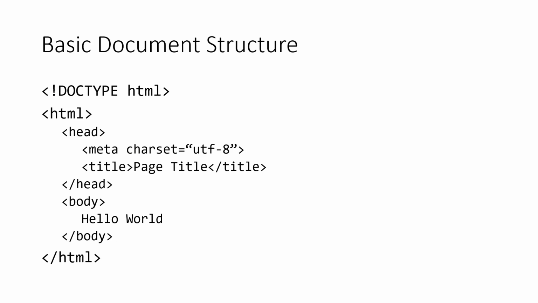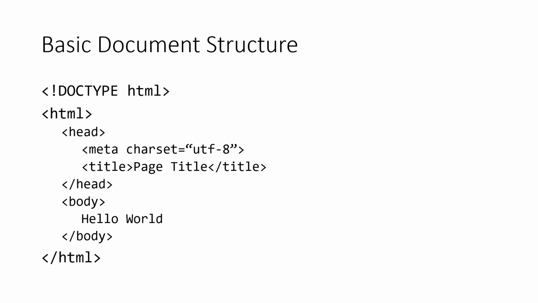And once you have that, the next step is we define the two parts, the head of the document as well as the body part. And usually we know that the body is the one actually going to display, right? So whatever you include in the body part will be displayed as it is.